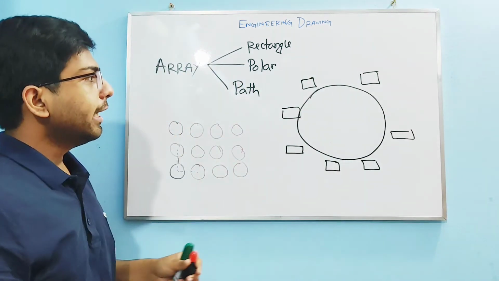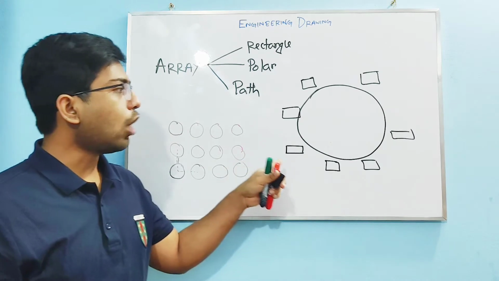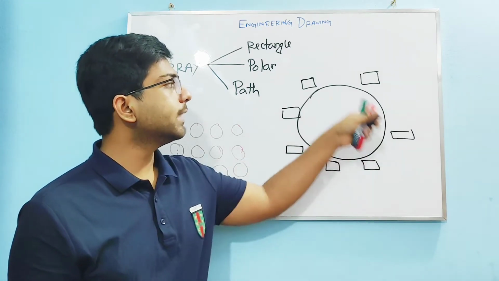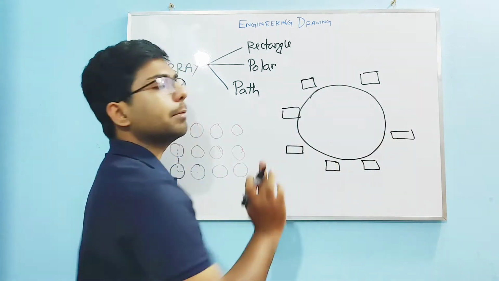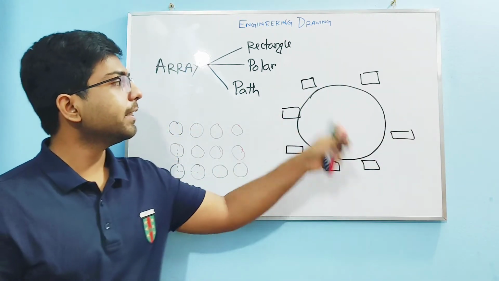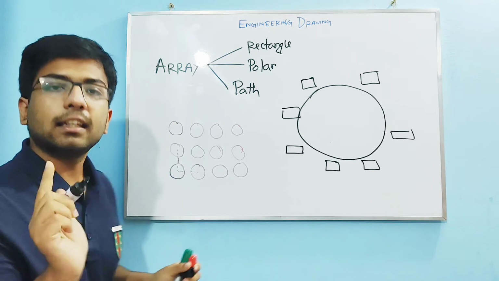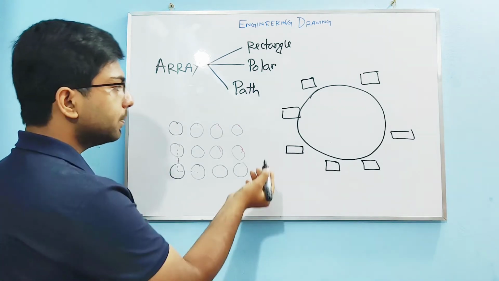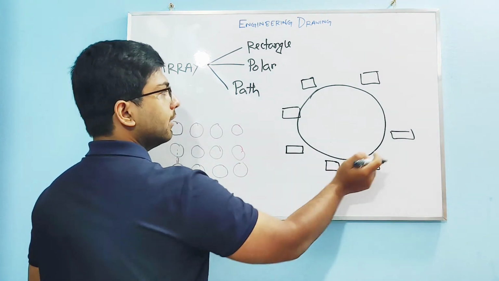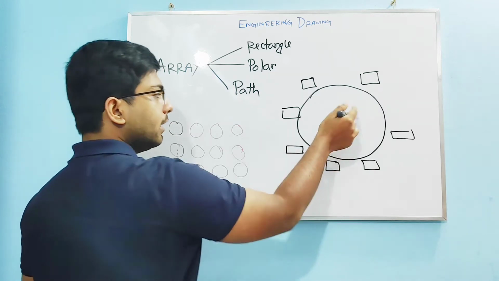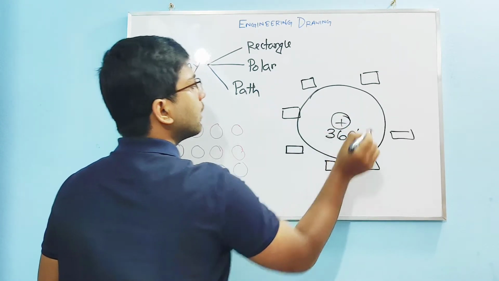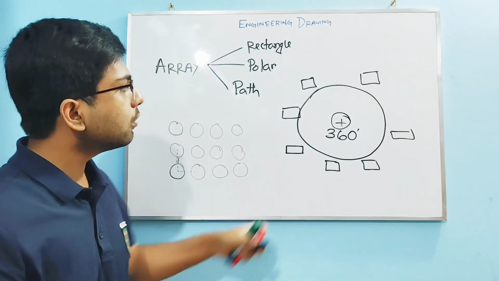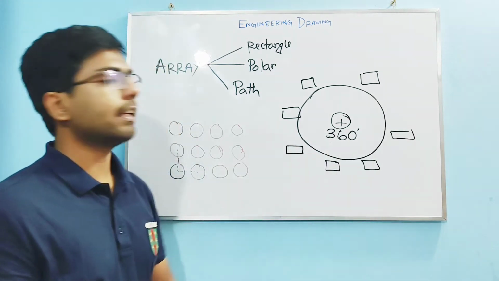So here you can specify how many copies of these objects you want. Here there are 1, 2, 3, 4, 5, 6, 7 objects. You can specify this number. Another thing is, these 7 objects are placed in a shape where the total angle is 360 degrees. If you want, you can also specify this angle.